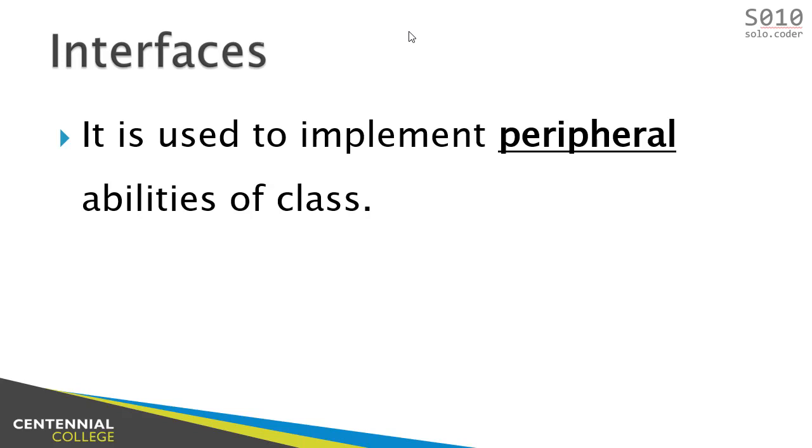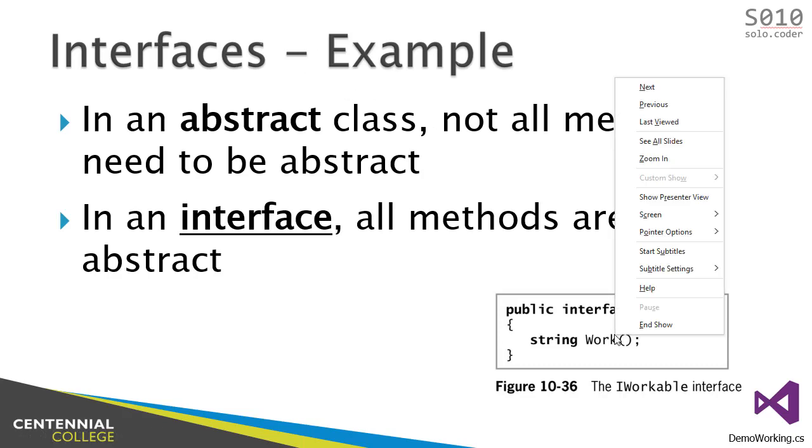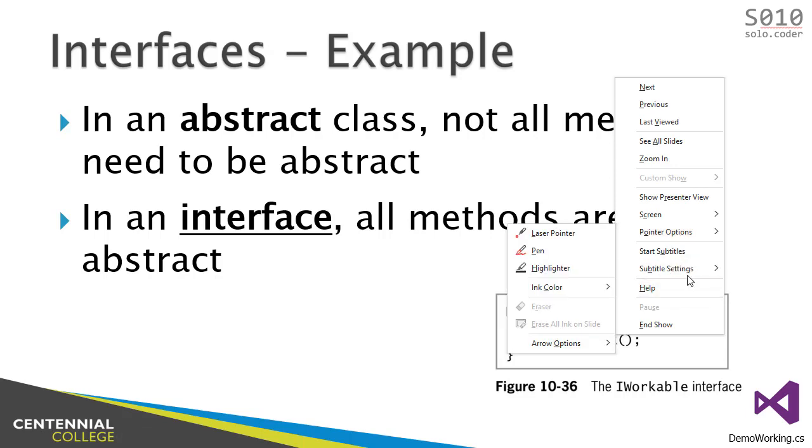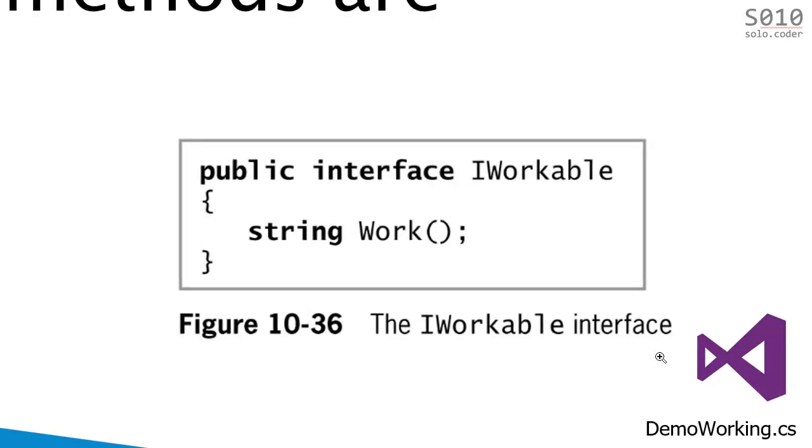And here's why. I'm going to demonstrate that with some examples. We have here an interface. Well, this is how an interface looks. It has an accessibility modifier, it has the keyword interface, and it's called IWorkable.